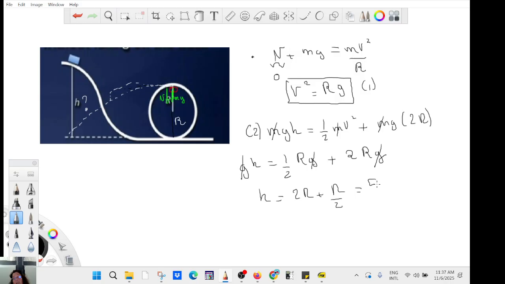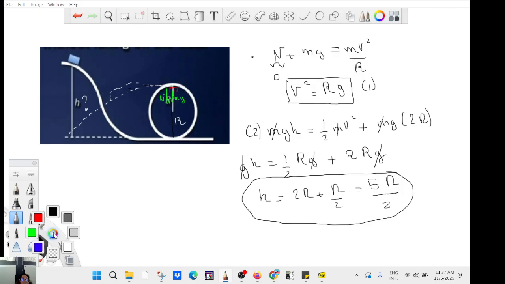So that will be 5r over 2, which is 2.5 r. So it means that this distance here is 2r, then 2.5, and that will be r over 2.